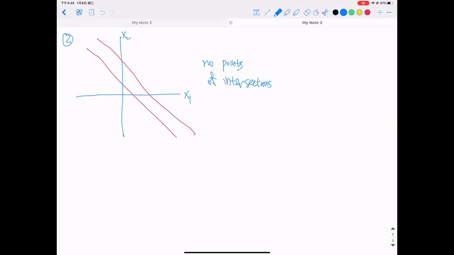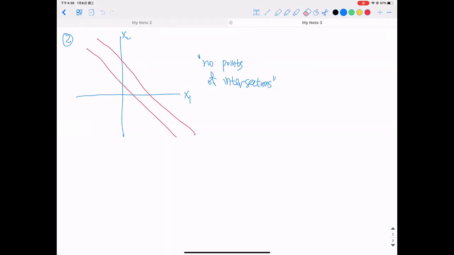Now, as we've said already, each line corresponds to an equation, and points on the lines correspond to solutions to the equations.